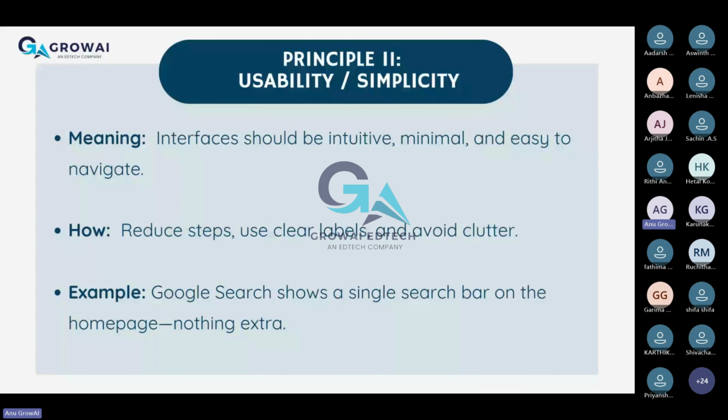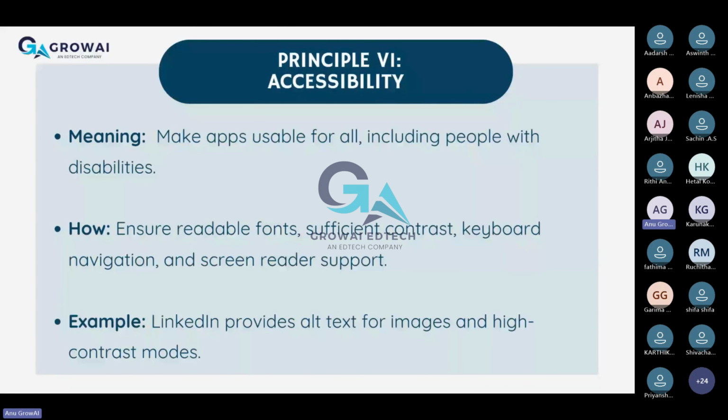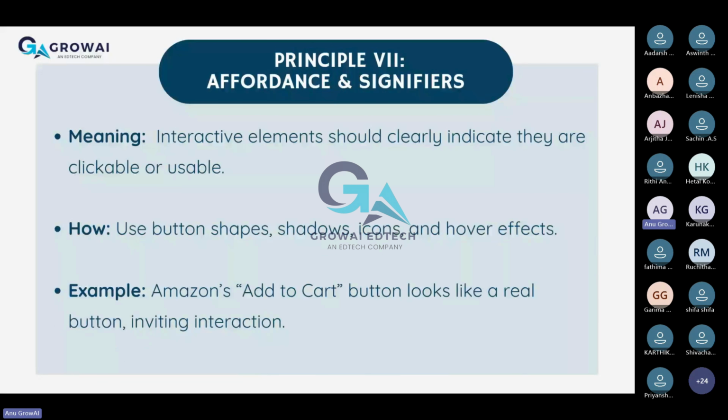Speaking about accessibility, it should be easily accessible. It should not have any struggles for the end users to use our application in terms of UX. At that time, we have to make sure that our design follows the principle of accessibility. And speaking about another very important principle, affordance and signifiers.